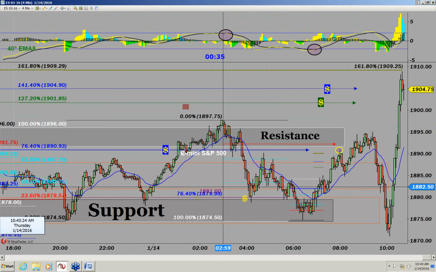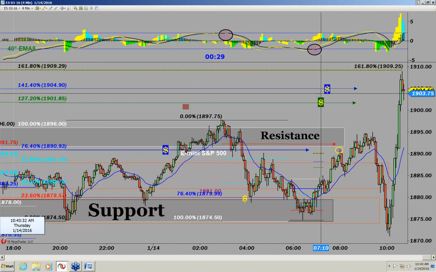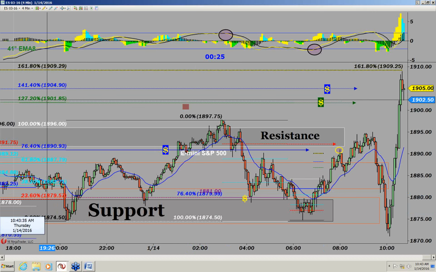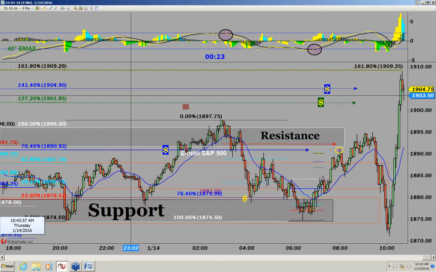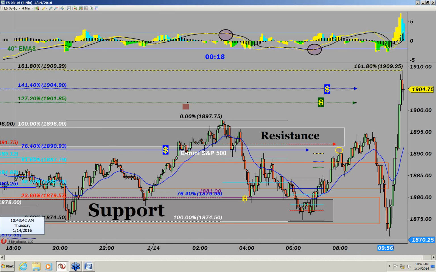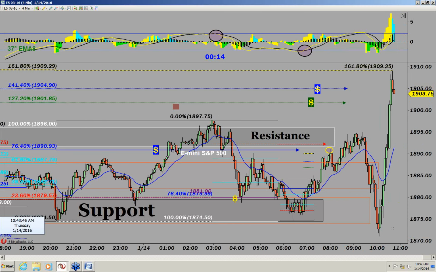All right, here we are. It is 10:43 and a half. Targets that we had projected, you're going to round these targets, so 1901.75 reached from a better place. The market went up to resistance, came back down, retested our support area.